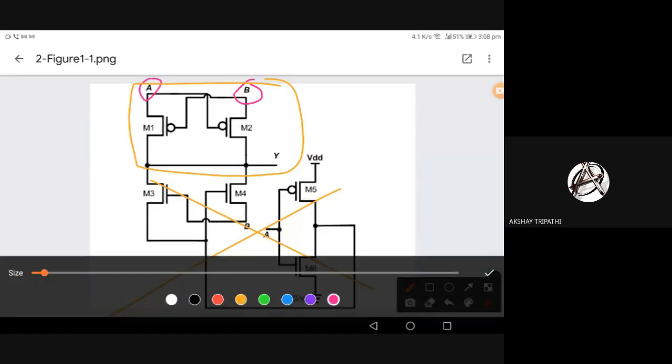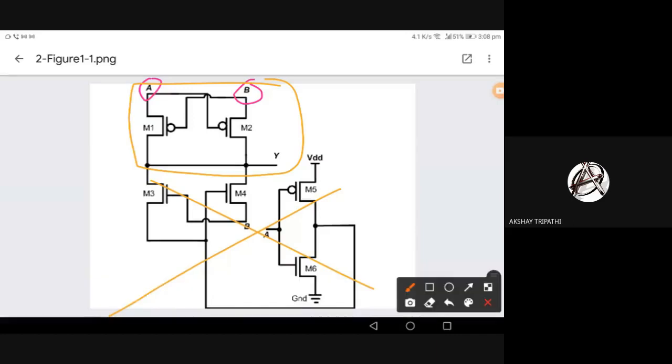So if we think like this, say from different conditions, we can see from here A is 0, B is 0. We know both transistors are on, so output is definitely 0. So 0 0 0. Now what about 1 1? For 1 1 we can say both transistors are off. M1 is off, M2 is off. So the bottom part may be giving some other value. A is 1, so the output is 0.